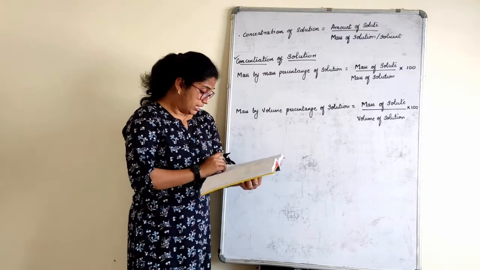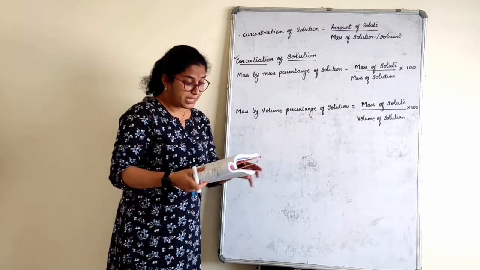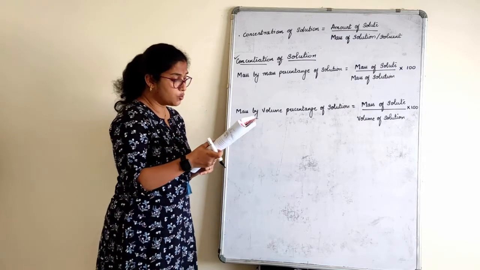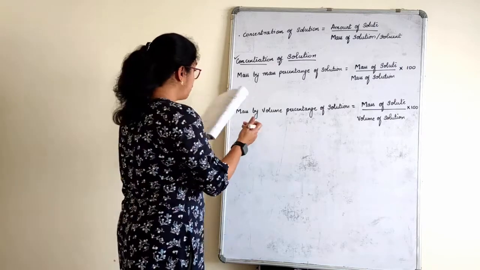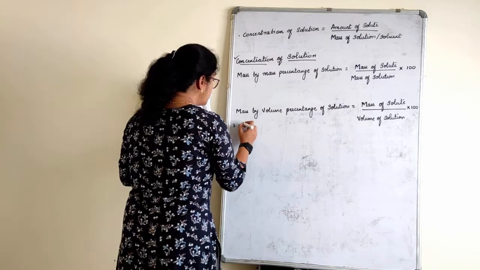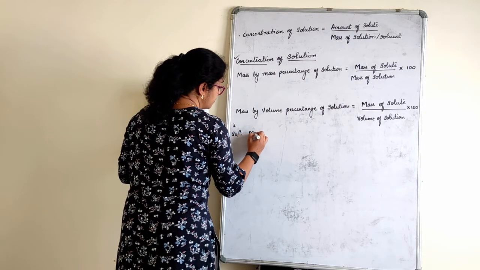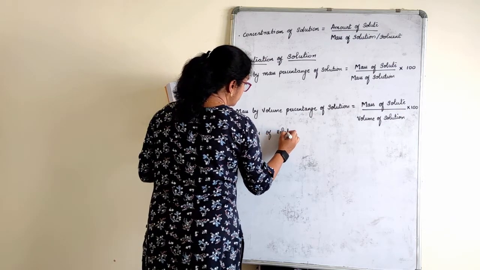I think one is on page number 18. To make a saturated solution, 36 grams of sodium chloride is dissolved in 100 grams of water. This is question number 3. So, what is the mass of the solute given? Mass of solute.